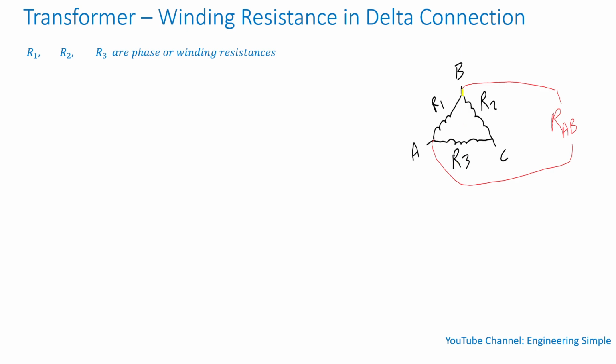Now I want to calculate line-to-line resistance, which means from here to here. The problem here, all these are connected, so then there is no open. That's not like the Y connection where you have an open.